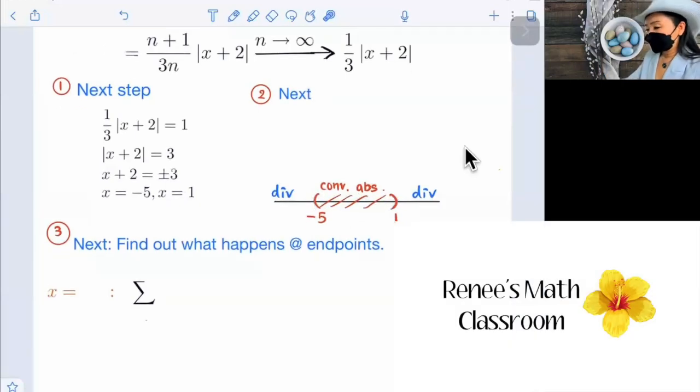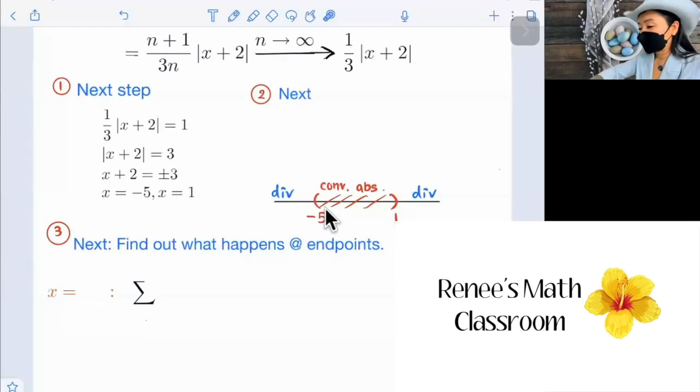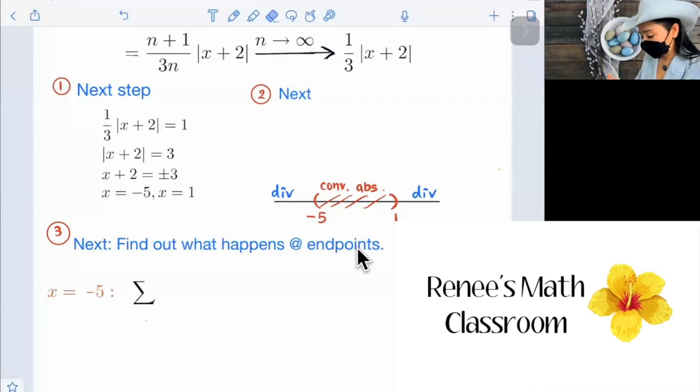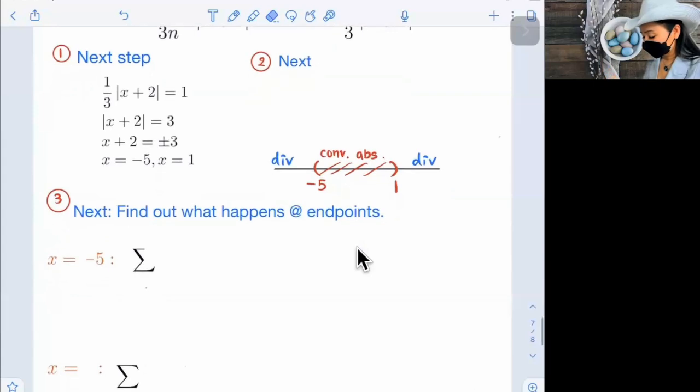Then the next step here is to find out what happened at the endpoints. Let's do the -5 first, because -5 is smaller. So substitute x equal to -5.